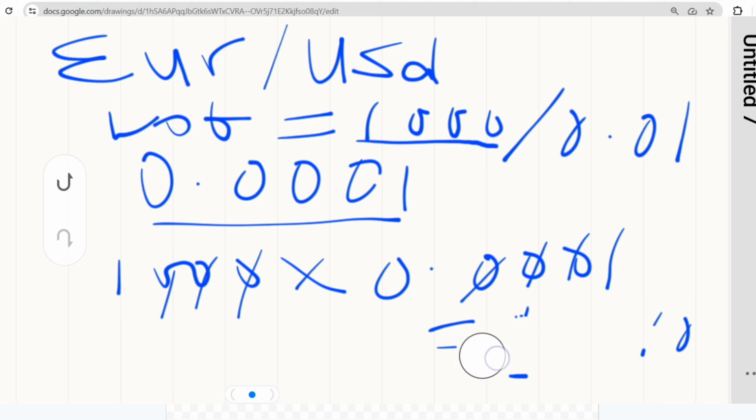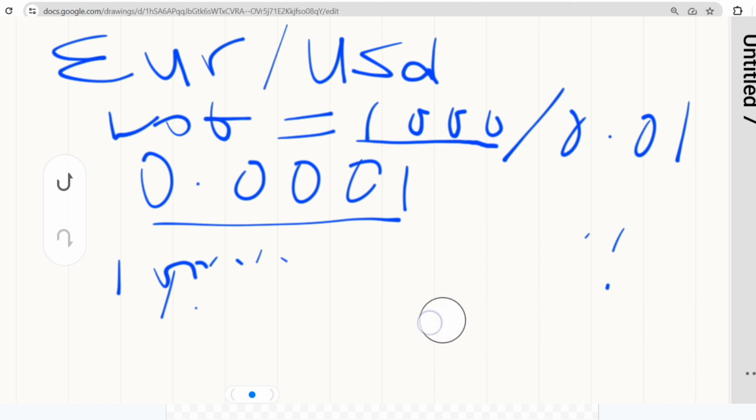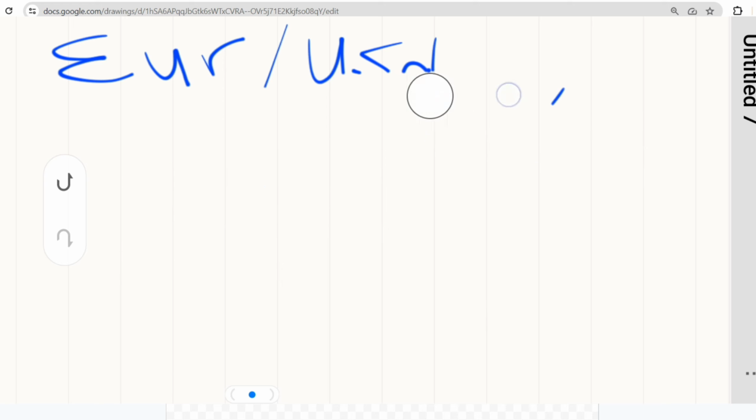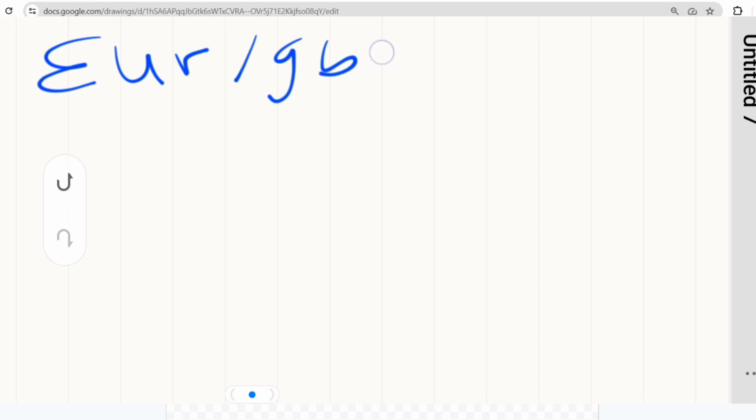Now let's go to a pair that does not have USD in it, a non-USD pair. How do we calculate the PIP value for that? Let's use Euro/GBP as an example.